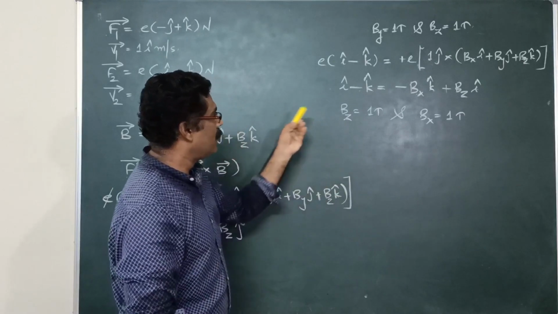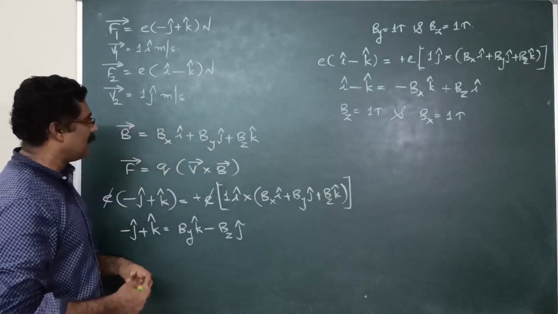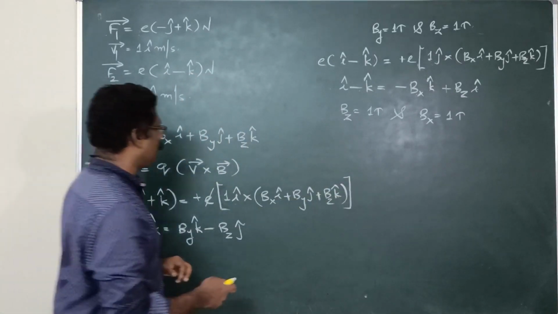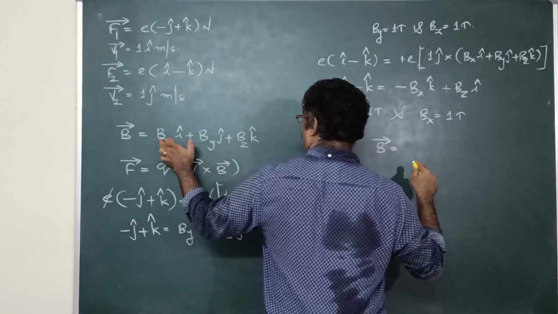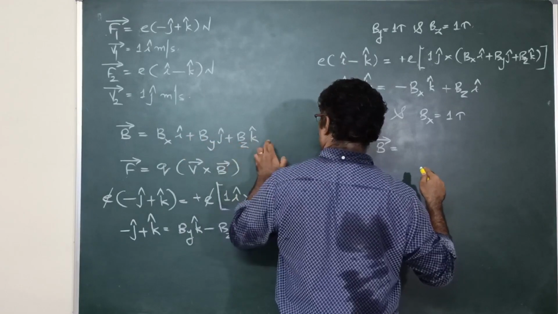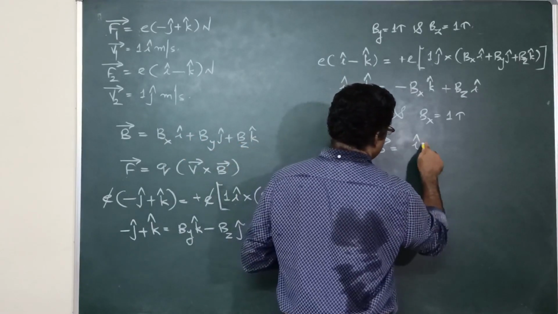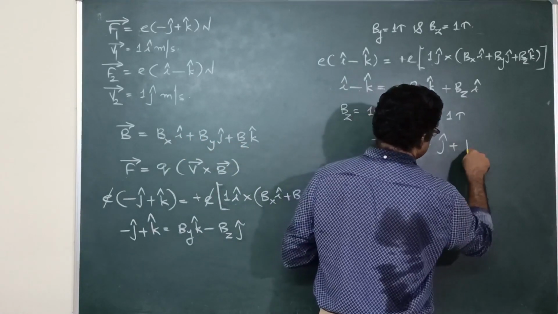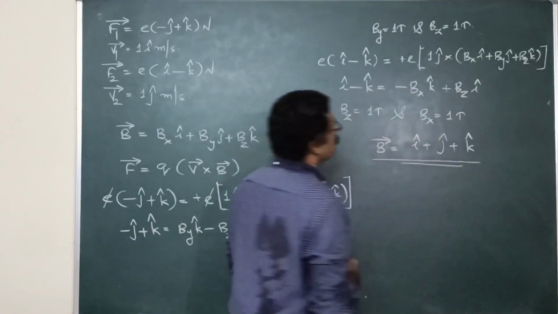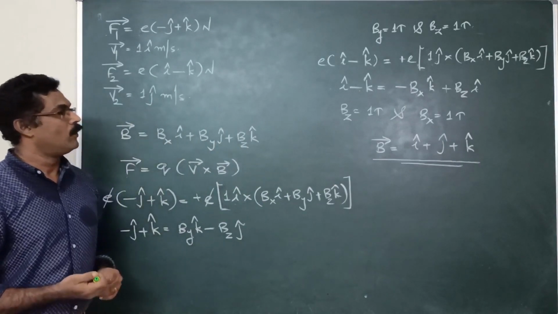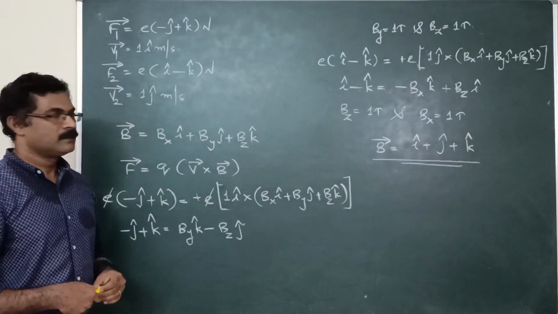So Bx, By and Bz are obtained. The magnetic field in the region is given by vector B equal to 1 i cap plus 1 j cap plus 1 k cap, so it is i cap plus j cap plus k cap. So this is the solution of this question.